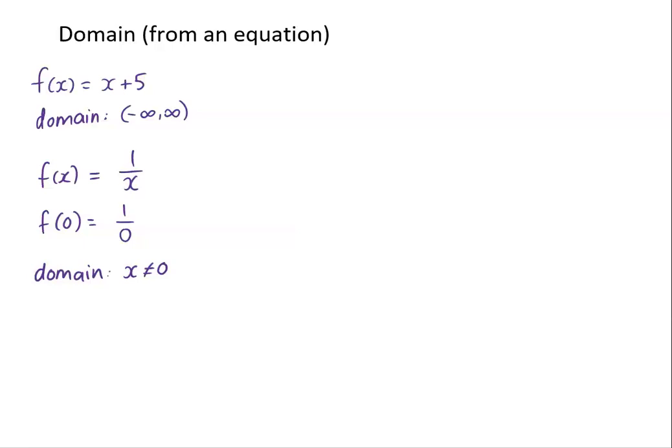So if we have a function with a fraction in it, we need to be careful that we don't end up dividing by 0. So that's one of the first places where we can have some restrictions on our domain. So up here, we'll write the restrictions on domain.